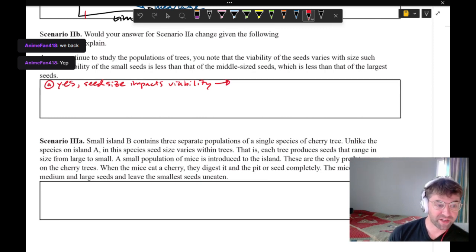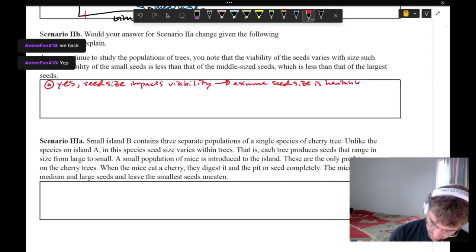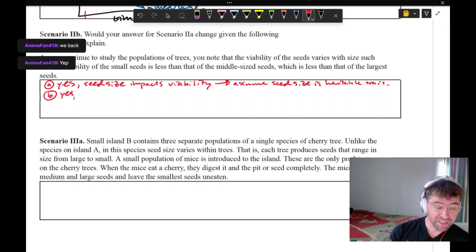For selection to be operating, the assumption is that seed size is heritable. Is there a difference in relative fitness? Again, yes. Individual seeds differ in fitness.